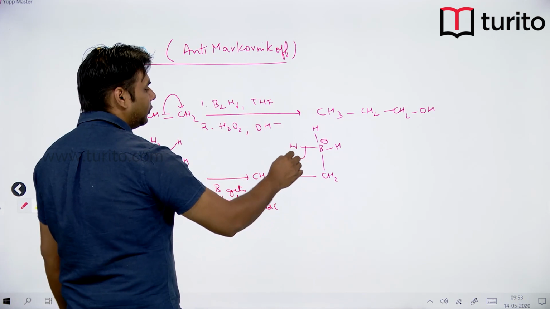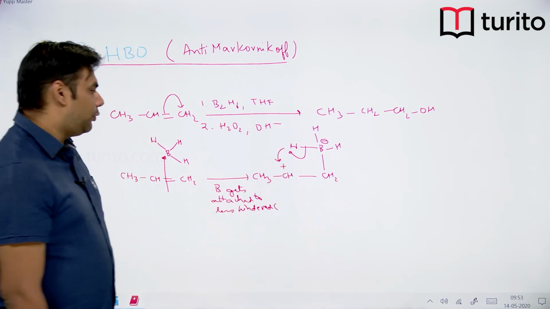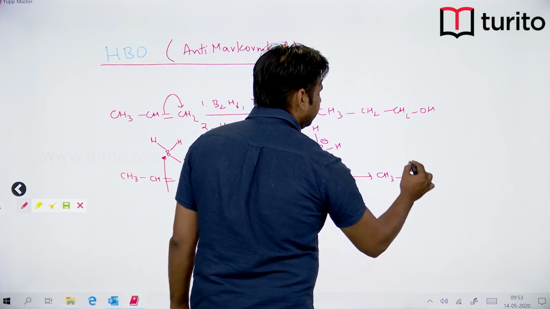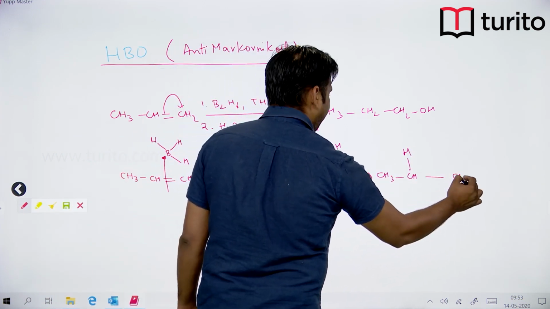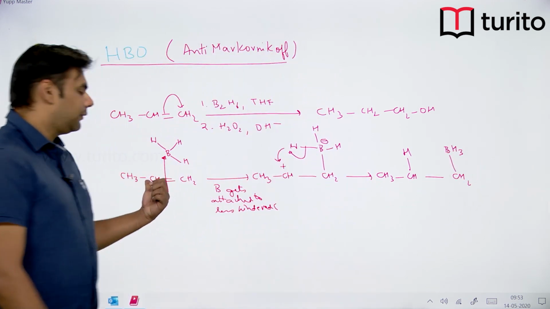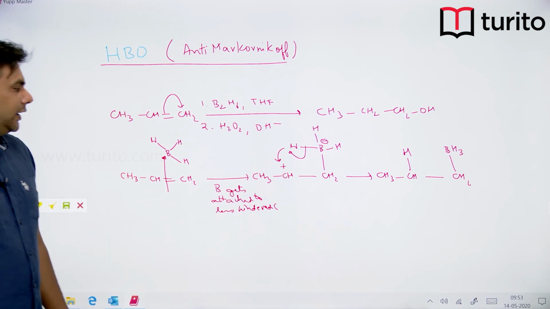So hydride ion goes out and shifts to the carbon containing the positive charge. So hydrogen goes to the more sterically hindered carbon and boron goes to the less sterically hindered carbon.